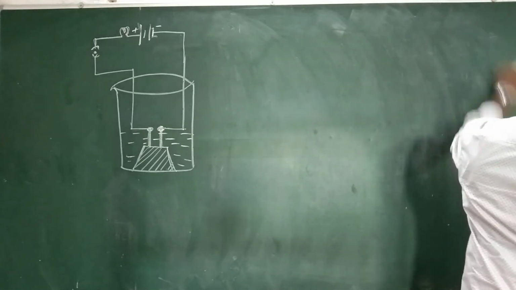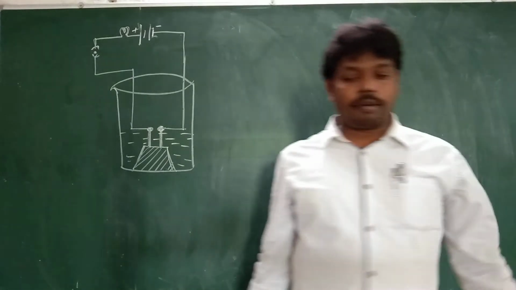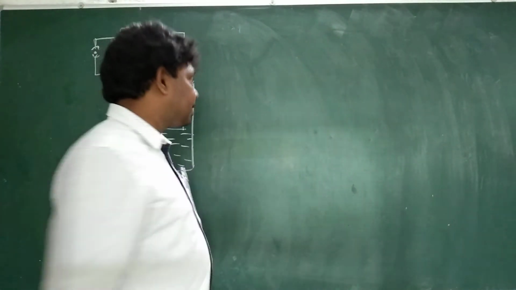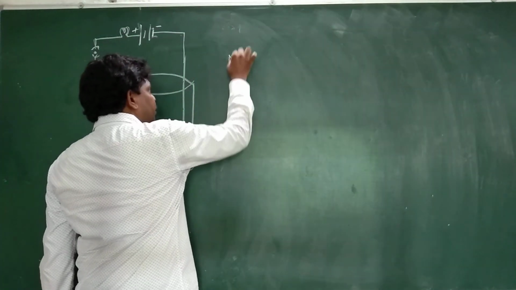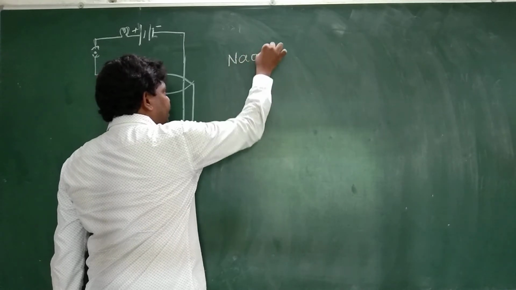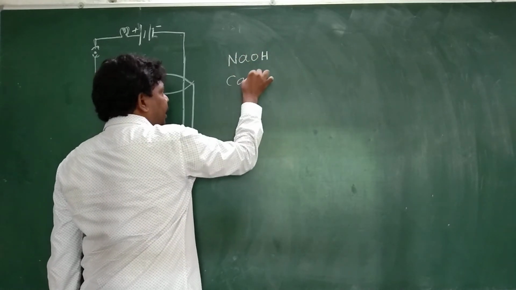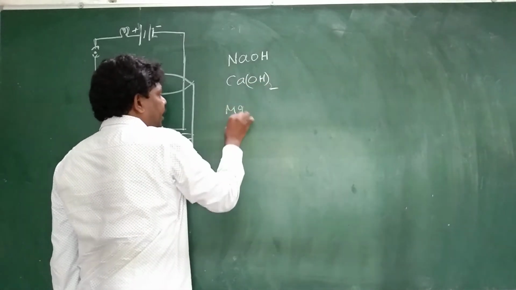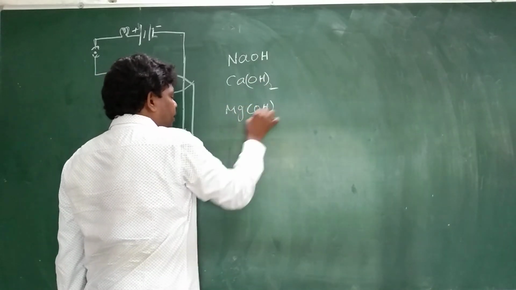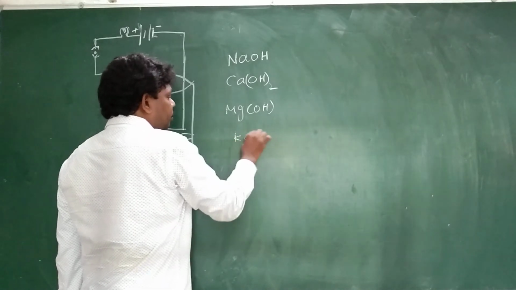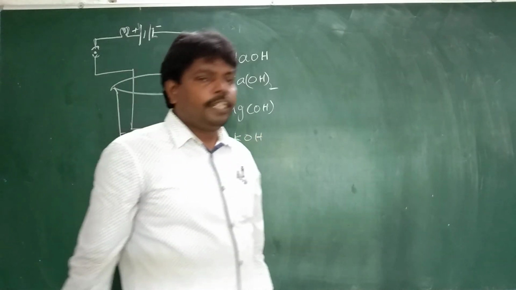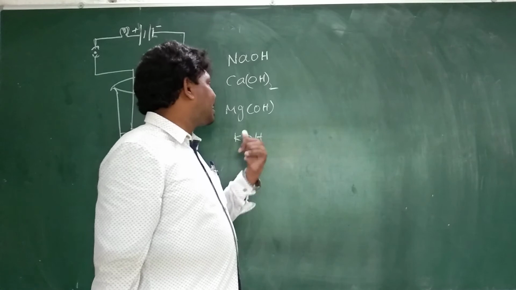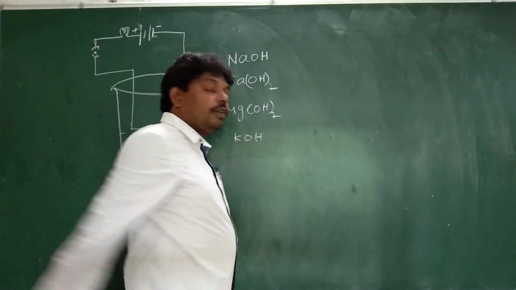You know the best examples for bases: sodium hydroxide, calcium hydroxide, magnesium hydroxide, KOH, and so on. In all these bases, what is the common?